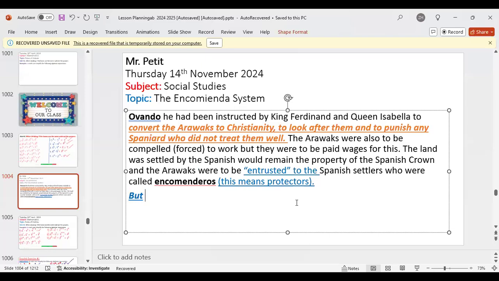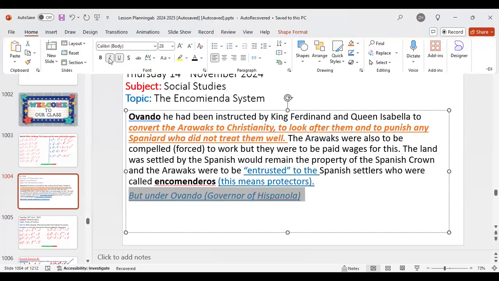But under Ovando, and let me just say, because I think Sashnik asked, he was the governor of Hispaniola at the time. And he had full sanction of the king and queen. They sanctioned him to do it, so he had their authority.